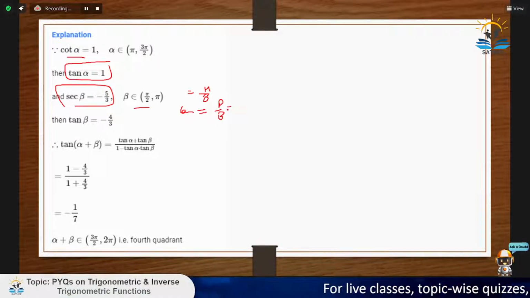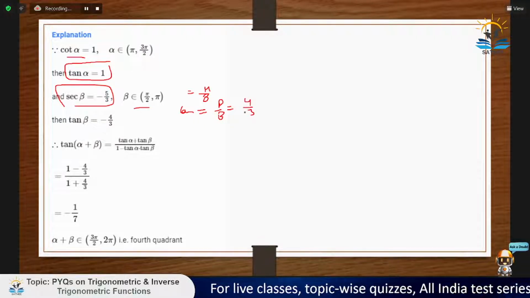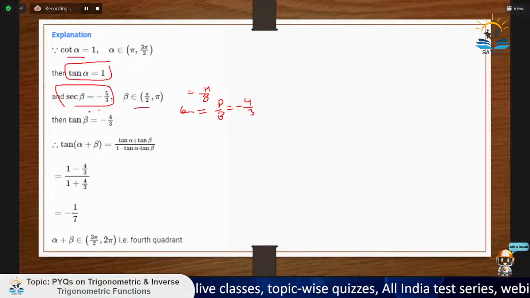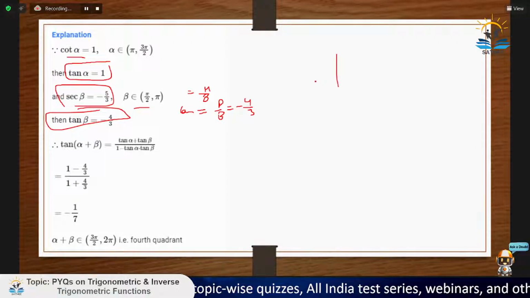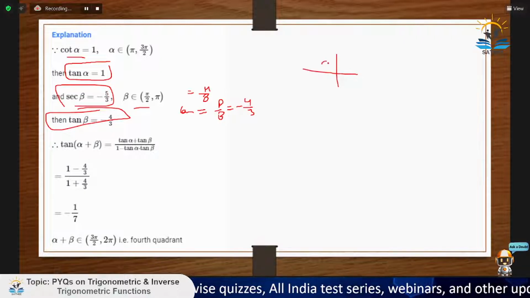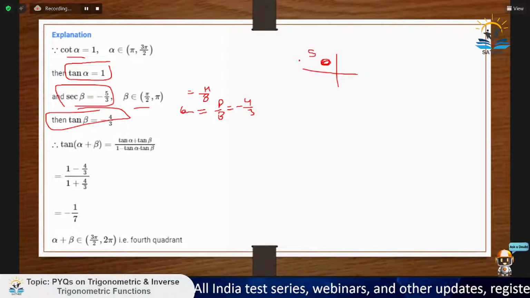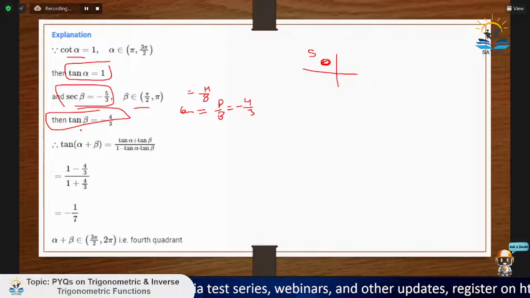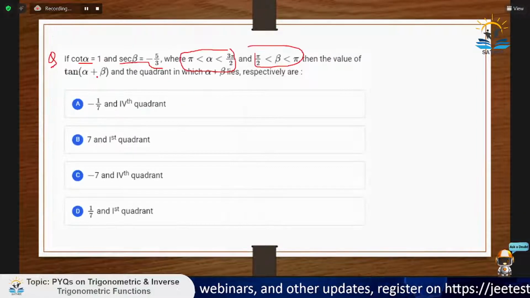P is nothing but under root of 25 minus 9, which is 16, so root 16 is 4. So 4/3 with a negative sign, this is my tan. And why is tan negative? Because pi/2 to pi is the second quadrant, and here only sine is positive, so I am getting -4/3. So I got the tan beta value and the tan alpha value.